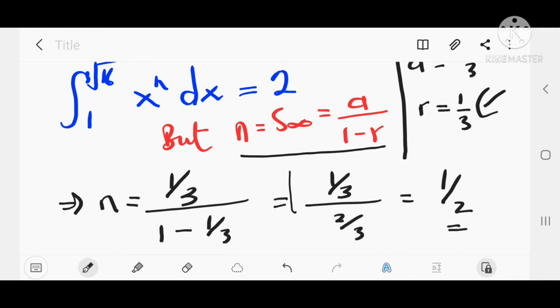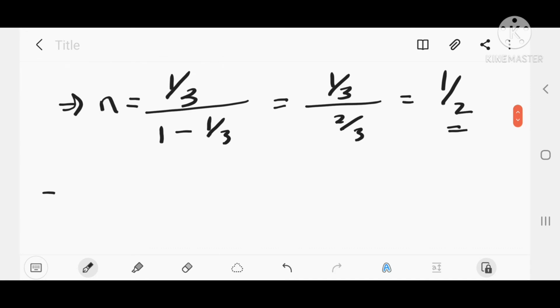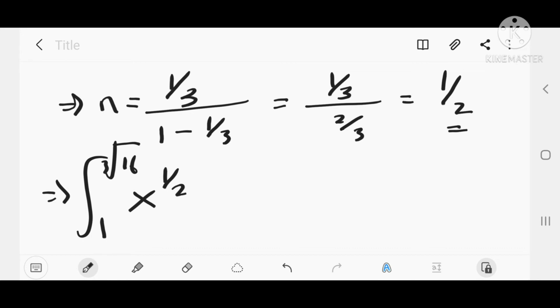Alright, so this means that we have the integral from 1 to the cube root of 16 of x exponent n, which is now 1 on 2, dx, and we must get 2.